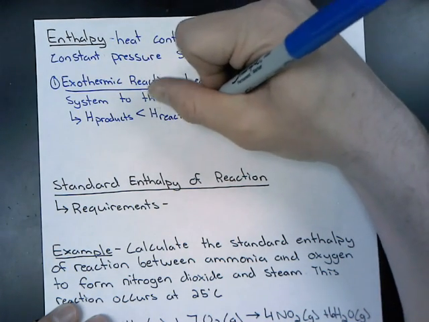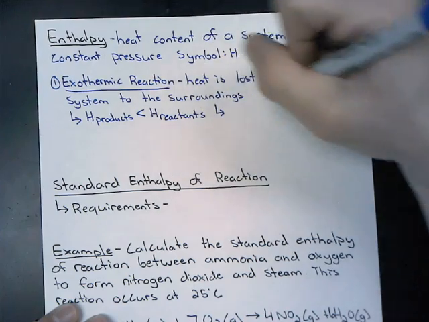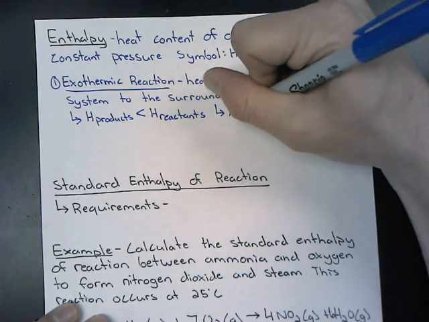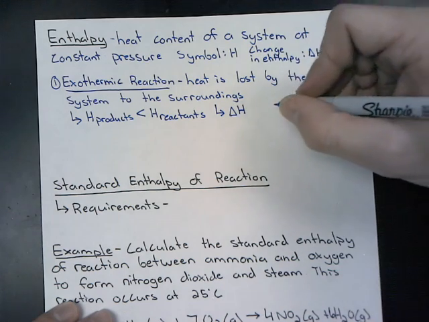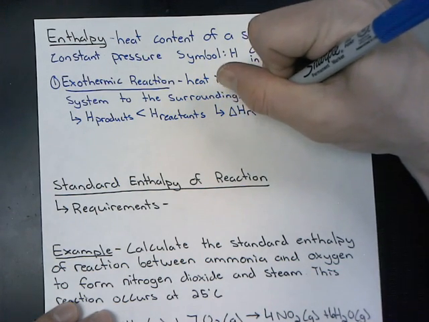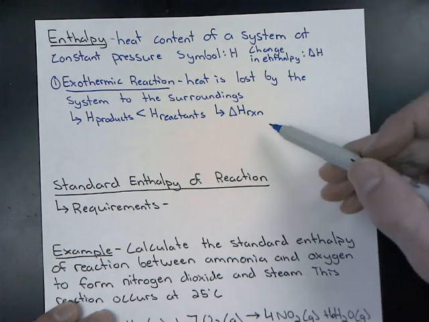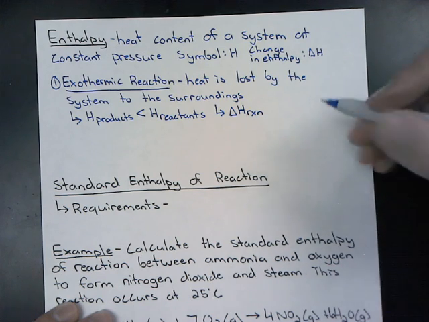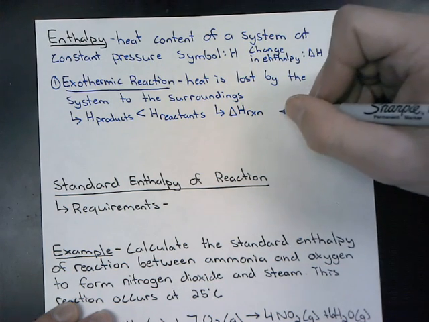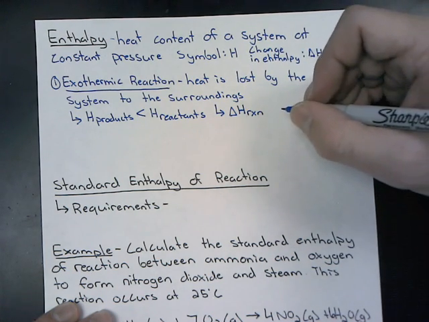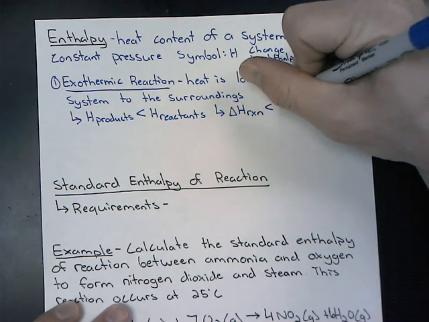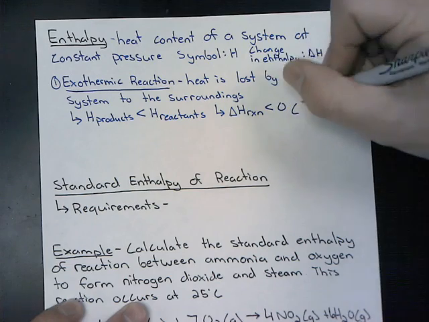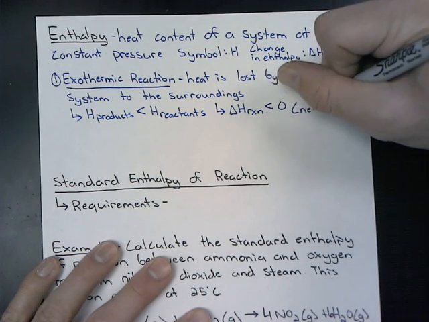As a result, our total overall change of enthalpy in a reaction, and I'm going to abbreviate this as RXN, that stands for enthalpy of a reaction, gives us a negative value. So it's going to be less than 0, and then in parentheses, I'm just going to put negative.